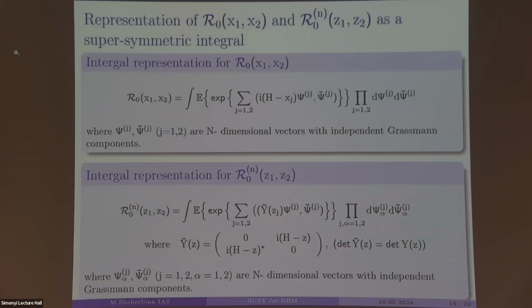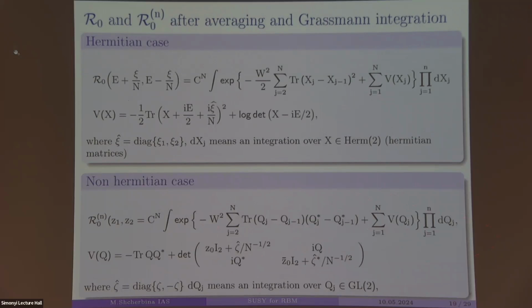And after averaging with respect to your randomness, you obtain, of course, some expression, some integral with respect to psi, your Grassmann variables. But the expression is of the kind that, after some trick, you can take this integral.